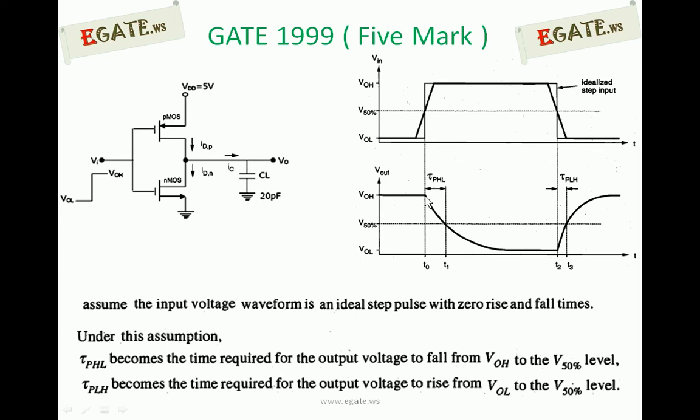So how much time it requires to fall from VOH to 50% of the output voltage is what is treated as tau pHL, and tau pLH becomes the time required for the output voltage to rise from VOL to the V50% voltage level.